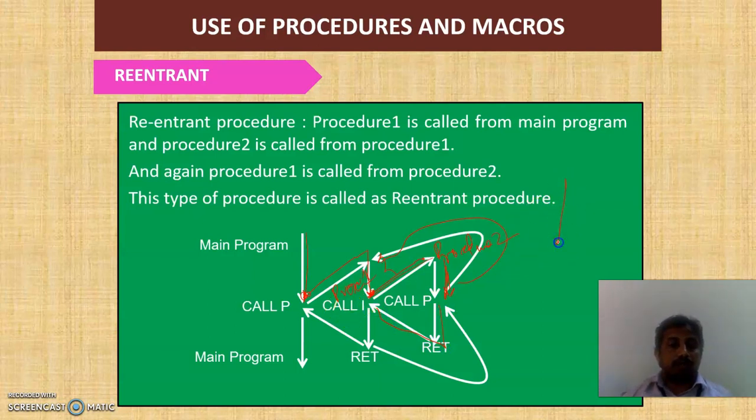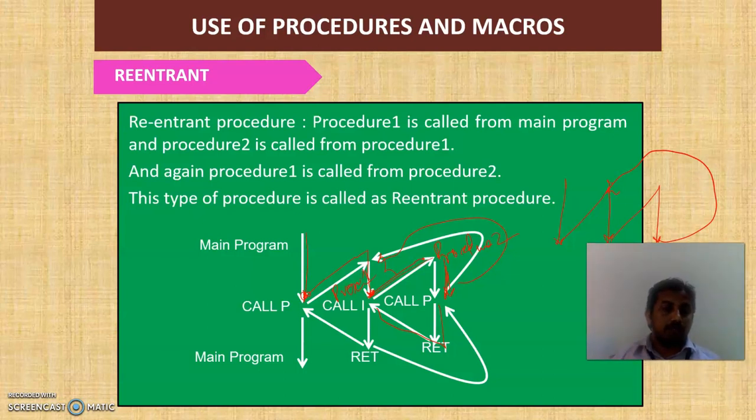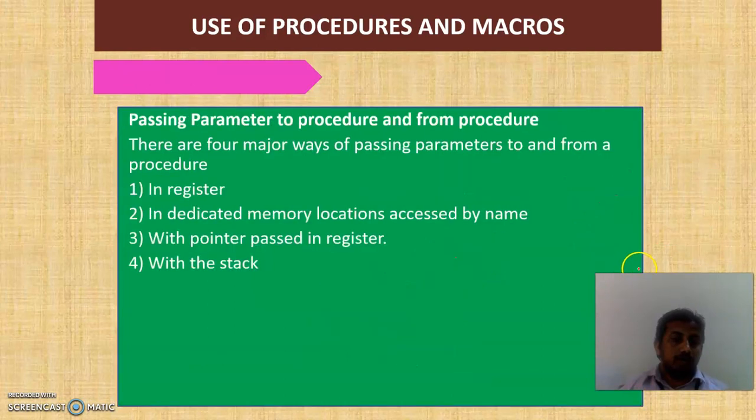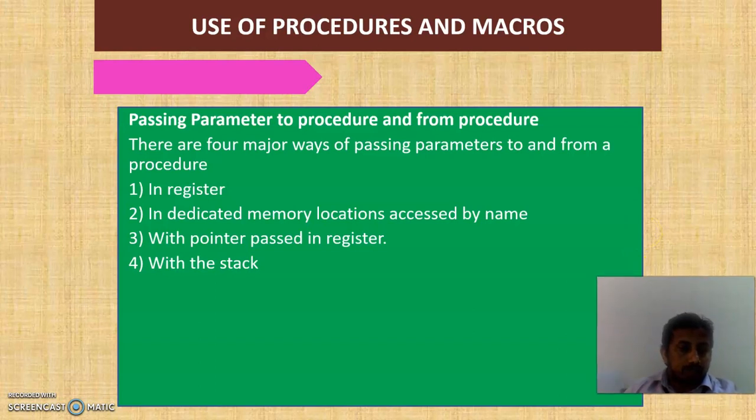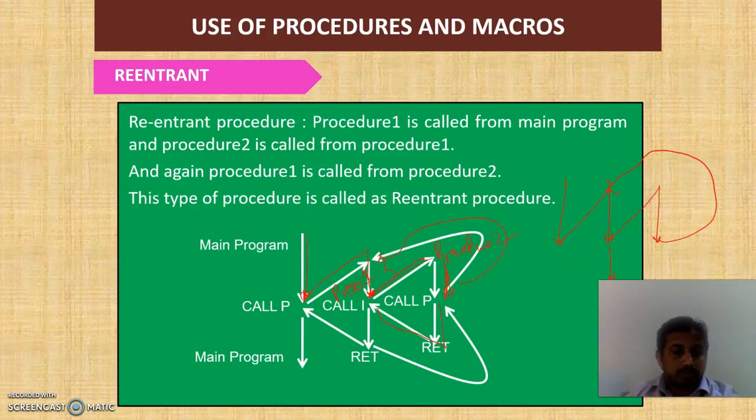So it is like this: the mainline program calls procedure one, procedure one calls procedure two, and procedure two calls procedure one back. Once that completes, it comes back to procedure two, which then completes and comes back to procedure one, and it completes this. Then it comes back to the mainline program, and the mainline program continues to execute.